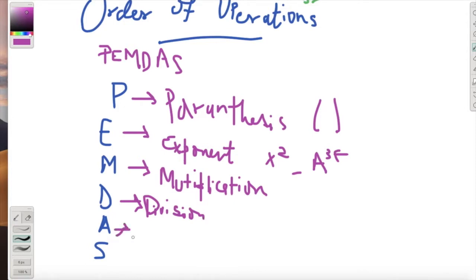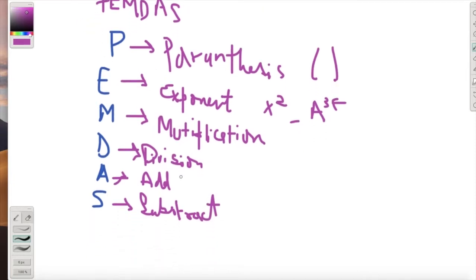A and S are addition and subtraction: add, subtract. So, as I said, PEMDAS, this is an important thing.